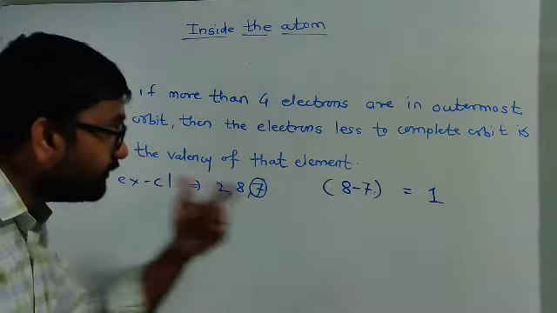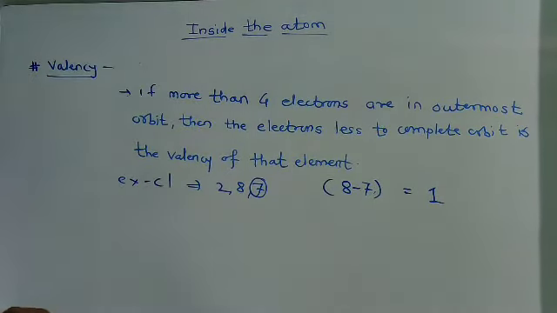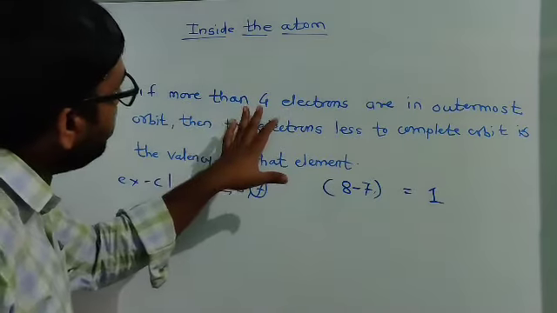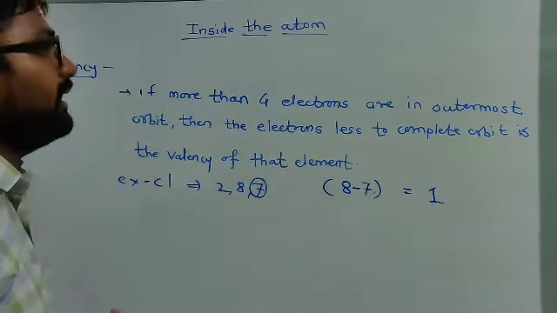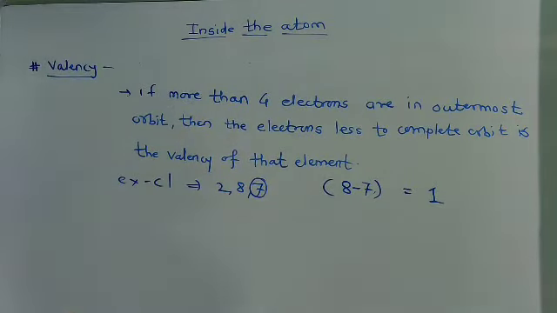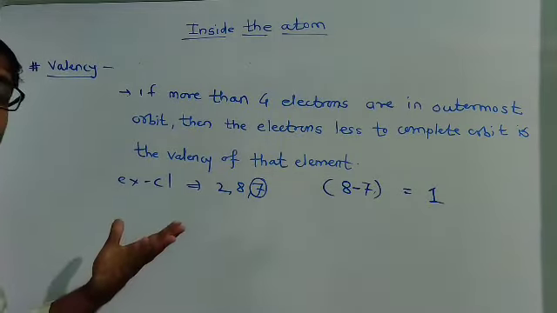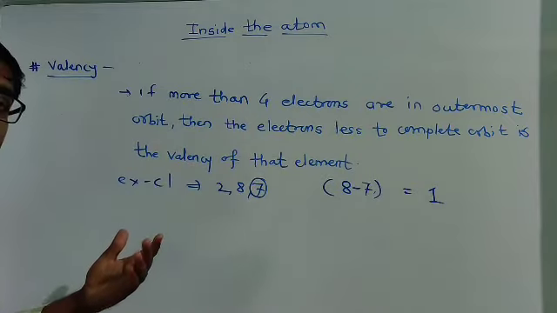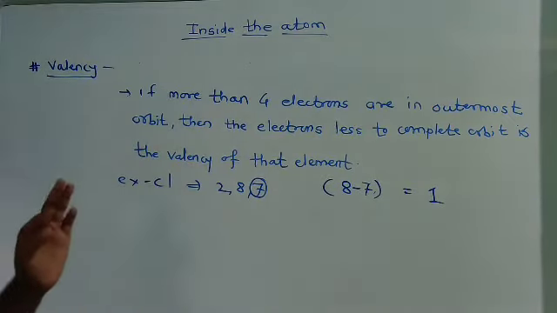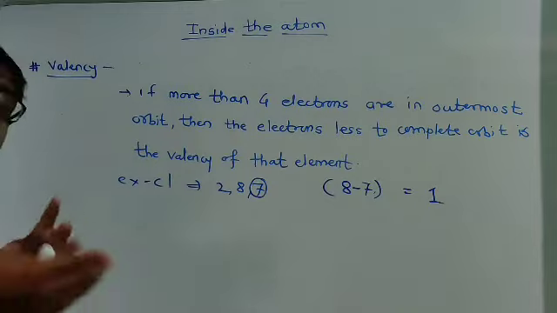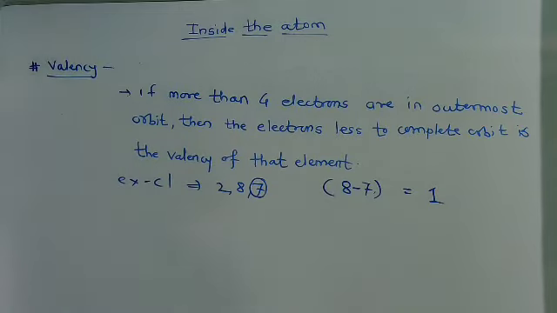In this way we find the valency of an element if it has more than 4 electrons in the outermost orbit. We just have to see how many electrons it requires to complete its octet.